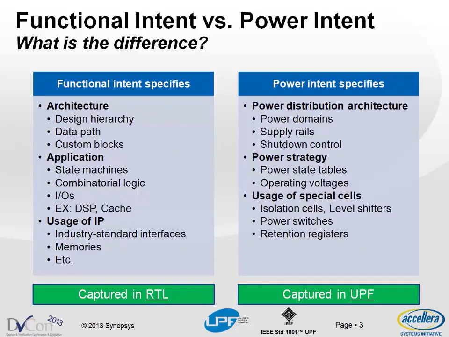Just like your finite state machine for your chip, you have a particular set of operational states for your designs for power intent. And then, most importantly, we've got some special cells that I'll be going over, and these are going to be the bits that help keep everything together and work well. Power intent is basically captured in UPF, your other stuff captured in RTL.